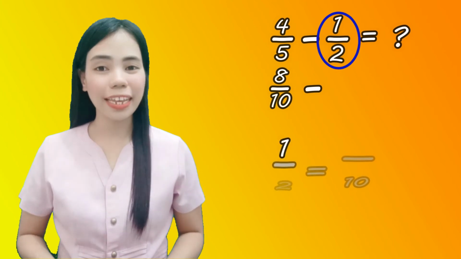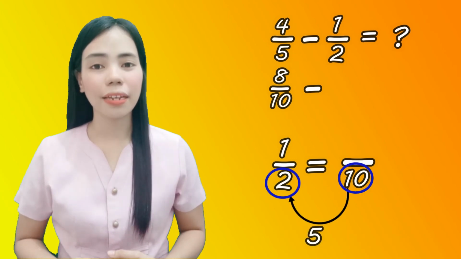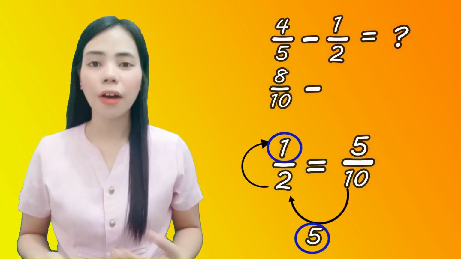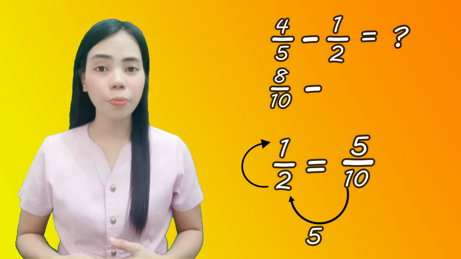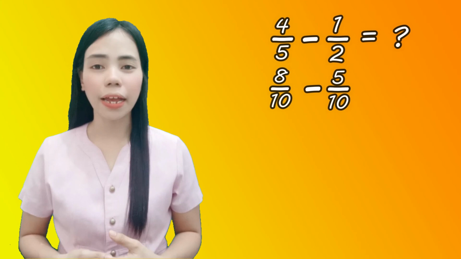To get the equivalent fraction of 1/2 with 10 as the denominator, divide first the denominators. 10 divided by 2, the quotient is 5. Then, multiply 5 by 1, and the product is 5. 5 will be the numerator and 10 as the denominator, and we have 5/10.